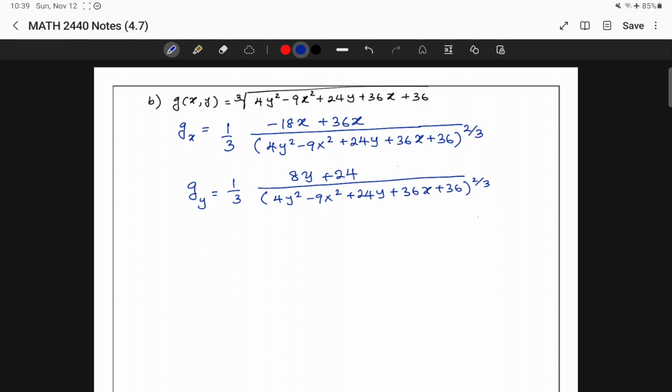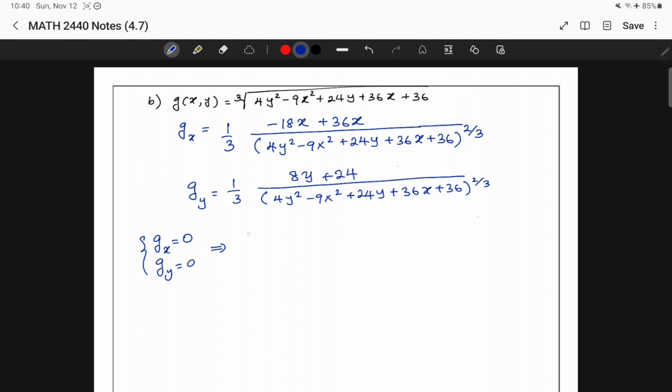Okay, now we have to consider, remember, we have two different cases. Let's first check g_x equals 0 and g_y equals 0, the places where the partial derivatives are equal to 0. Now, to make them equal to 0, the numerator needs to be 0.